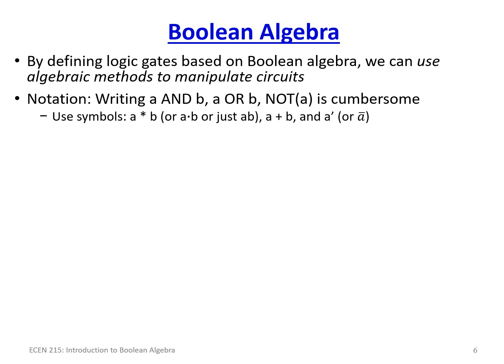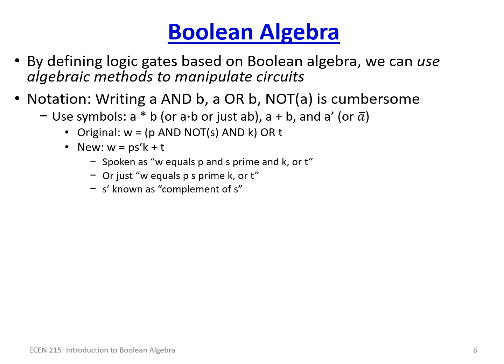Let's start with an original function, W. Instead of F, we're going to use W. The variable W is going to be P and not S and K or T. This is a little hard to read, so let's rewrite this, and we end up with P, S not K. So that's the P and not S and K.